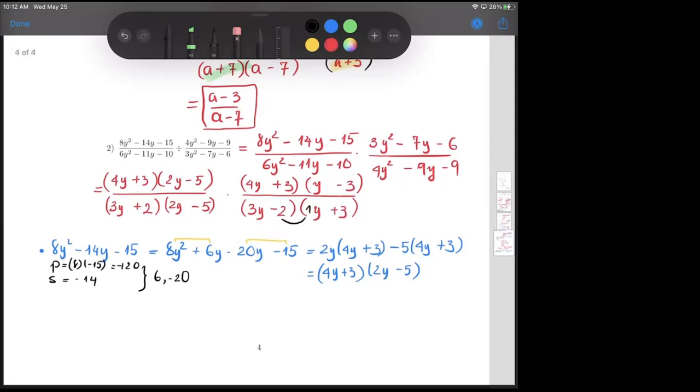Negative 2 times 1y is negative 2y. And then this one, negative 3y times 3 is positive 9y, which is positive 7y. But I want minus 7y. You know what I did? I forgot to flip. I look back on the problem. Well, anyway, let's just factor this first.